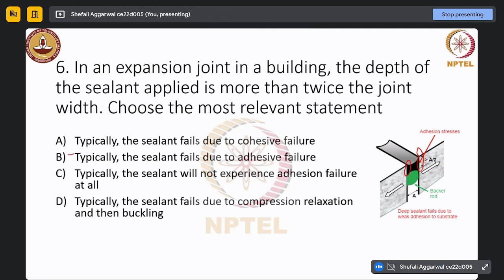So in case our depth is twice the width, the type of failure will be adhesion failure. In the other case, if our depth is very low, then the failure will be cohesion failure, because too much pressure will be applied on this material and there will be a crack here. Answer is B. The sealant failed due to adhesion failure.